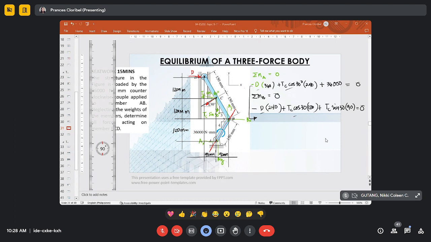In terms of the unknown D, we can simplify the equation as: transposing the unknown D to this side, making it positive, it becomes 0.5774 TC plus 100. And this will be your equation number 1.